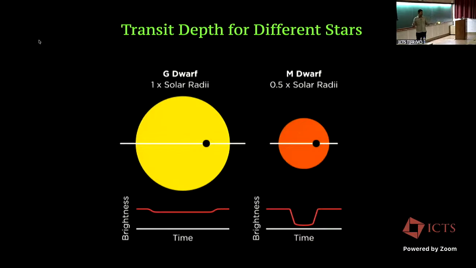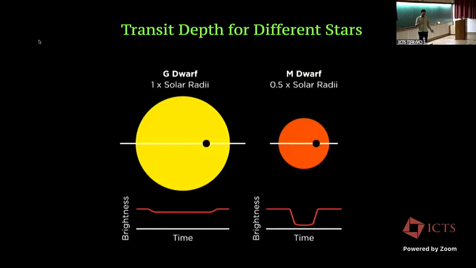That is why for M dwarfs we get larger transit depth, and we say that characterization might be easier, apart from, of course, the TLS effect, which can be a bit problematic because M dwarfs are very active. But if we keep stellar activity aside, smaller planets on M dwarfs or larger planets on M dwarfs are both the best targets that you could use for characterization. But stellar activity makes it very problematic.